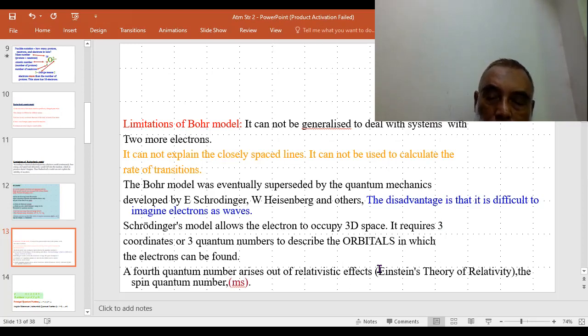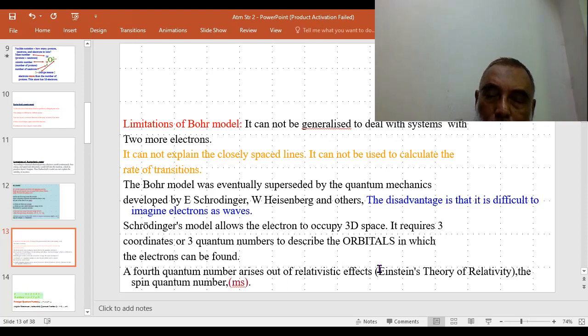And later on, from the theory of relativity, it was shown that where two electrons lie in a single orbital, they must have different spin.